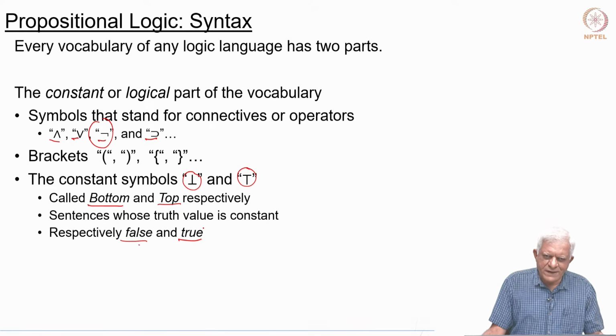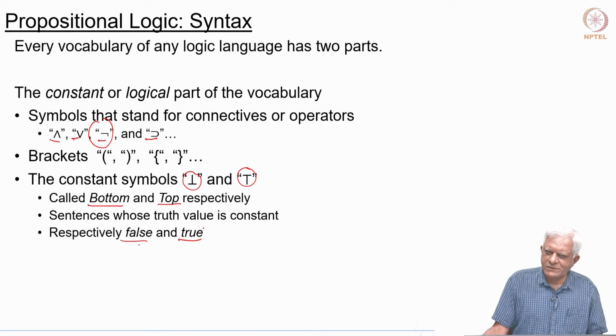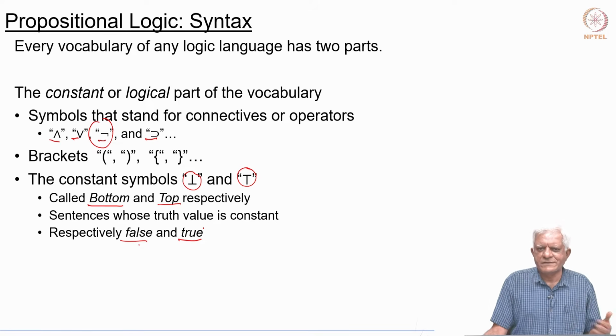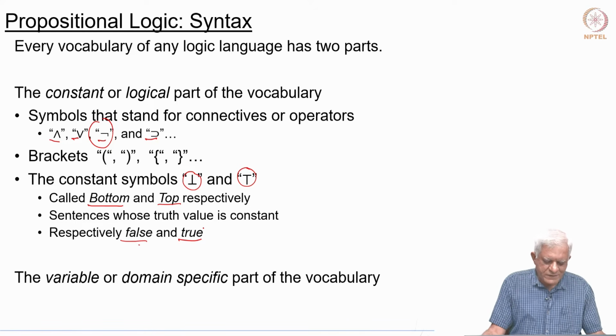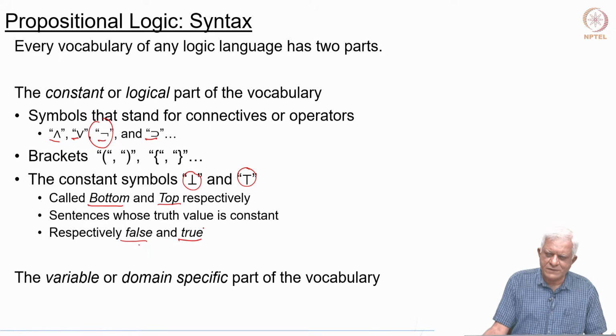And it is only in our heads that when we say that it is false, we mean it is false in the real world. Otherwise, there is just a small set to which we will map all sentences. Some sentences we will map to false, some sentences will map to true, and the interpretation is in our heads. So, that was the constant part of the logical vocabulary, which is there in all languages.